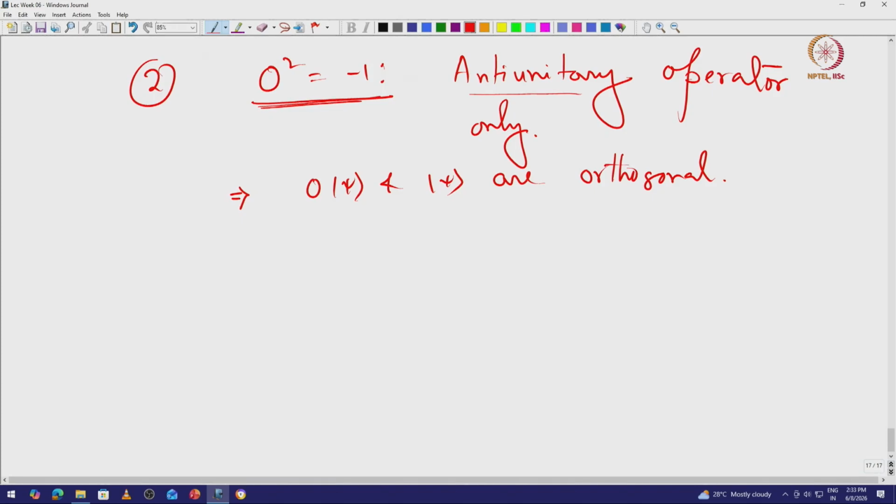So, let us show that. What we want to show is that the inner product of O psi and psi is 0. That is the definition of orthogonal. To show that, let me start with a different state phi, and then we will substitute phi equal to psi at the end.